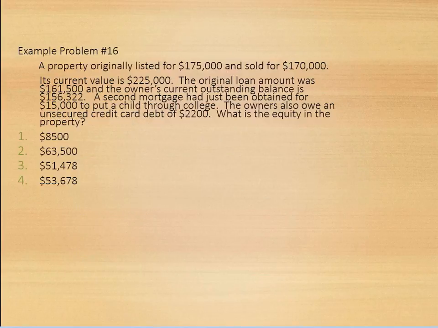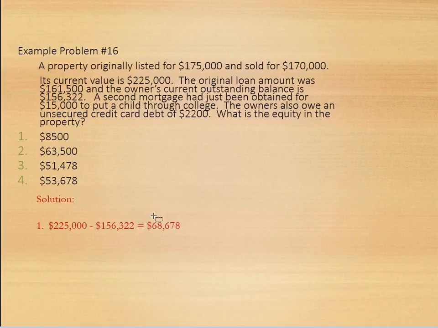Okay, good. Hopefully you had a chance to try to work out this problem yourself. Now let's show you the solution. Since equity is simply the current fair market value minus what is owed, the solution looks like this. Since the current value is $225,000, we're going to subtract the balance of the original loan, which is $156,322.